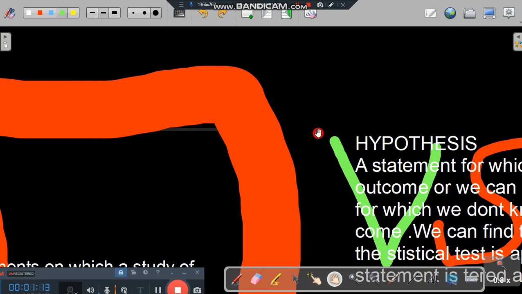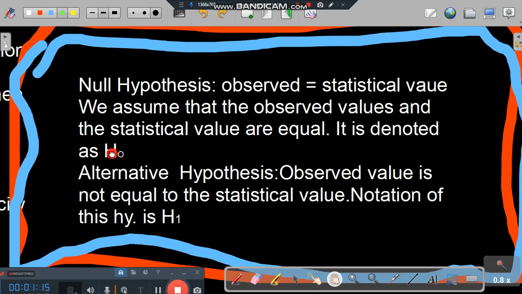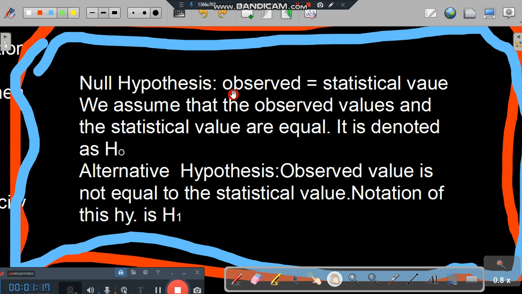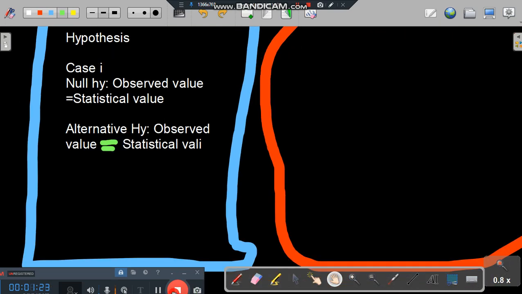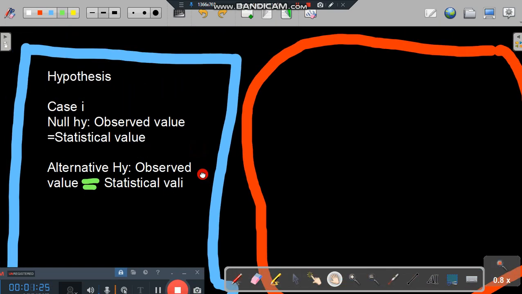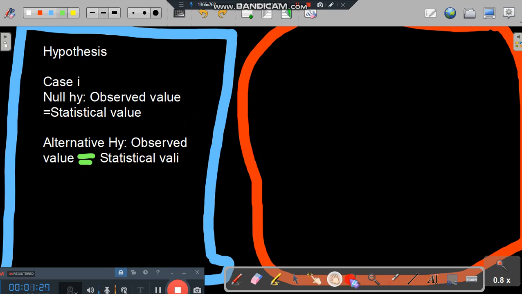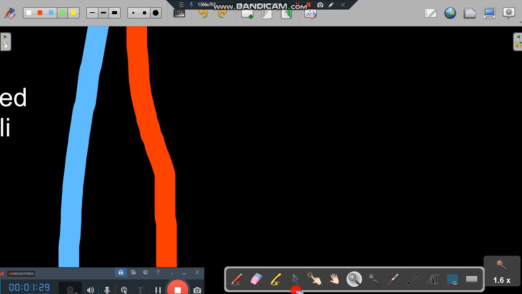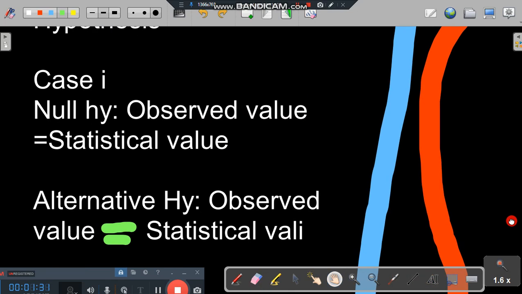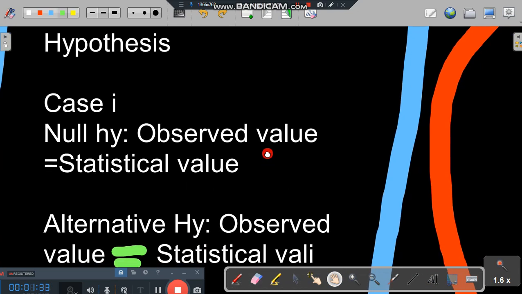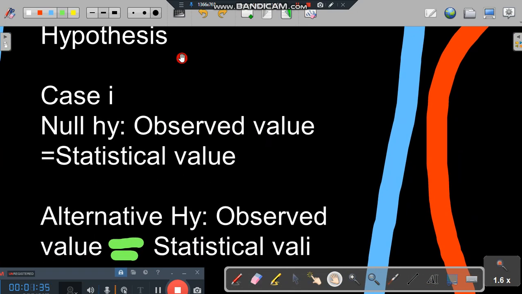So we have already studied what a null hypothesis is. It is the hypothesis where the observed value equals the statistical value. That's what we have assumed there. Case 1 is the null hypothesis.